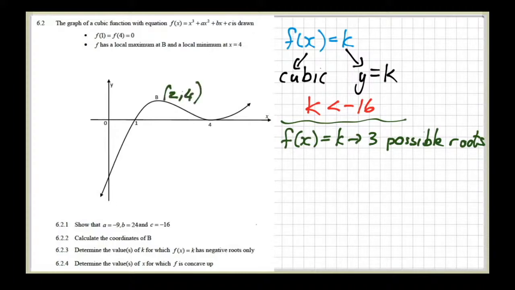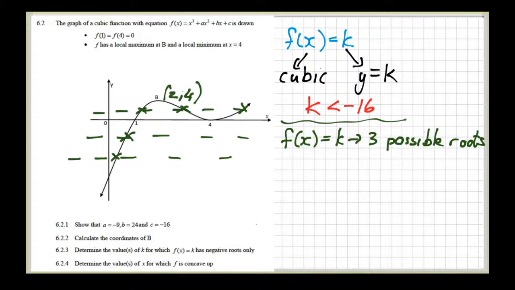So if I look at this, here the graph cuts once. I don't want that. There the graph cuts once. Don't want that. Oh wait, there the graph cuts 3 times. They intersect 3 times. So that's what I'm looking for.